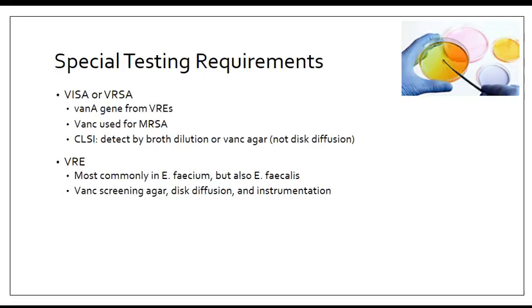We also check for vancomycin resistance for VREs, vancomycin-resistant Enterococcus. It's commonly seen in Enterococcus faecium, but also faecalis. There's screening agars and disc diffusion and instruments that can be used just as with the MRSA.